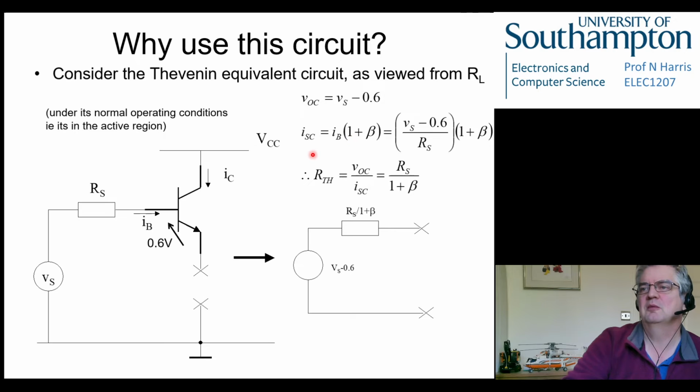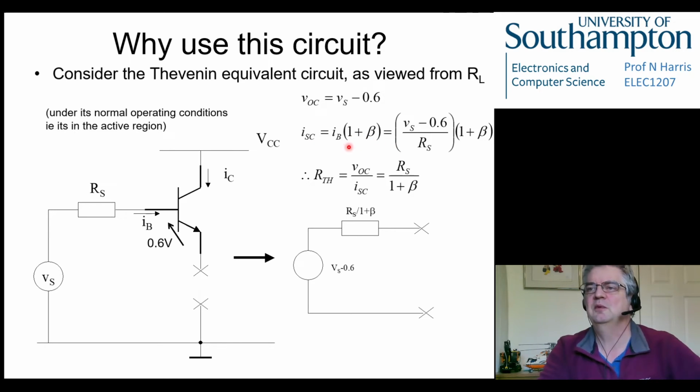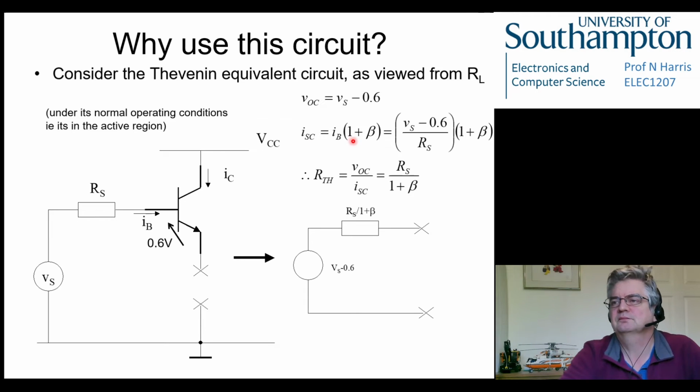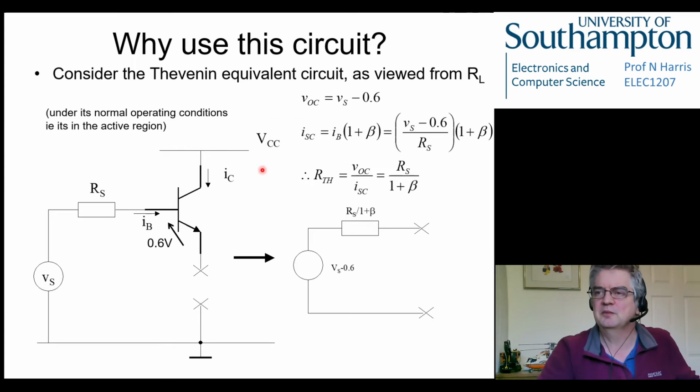We can make then a substitution back in then, and we can end up with, because we know that IB is going to be equal to (Vs minus 0.6) over RS, because that's just what happens when we look at what's going on in that loop there.